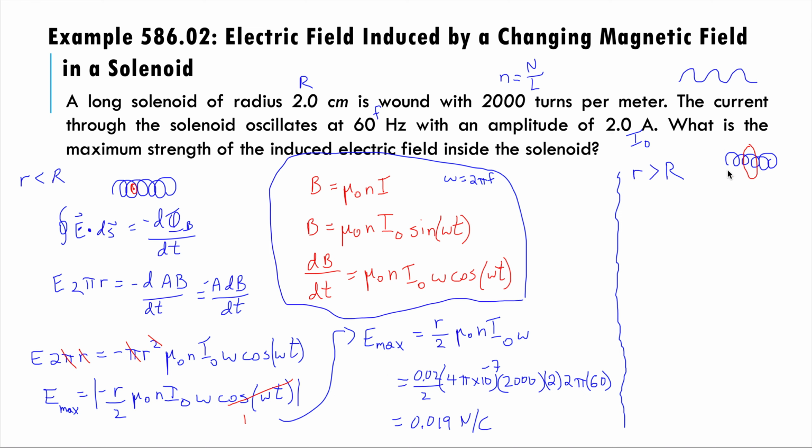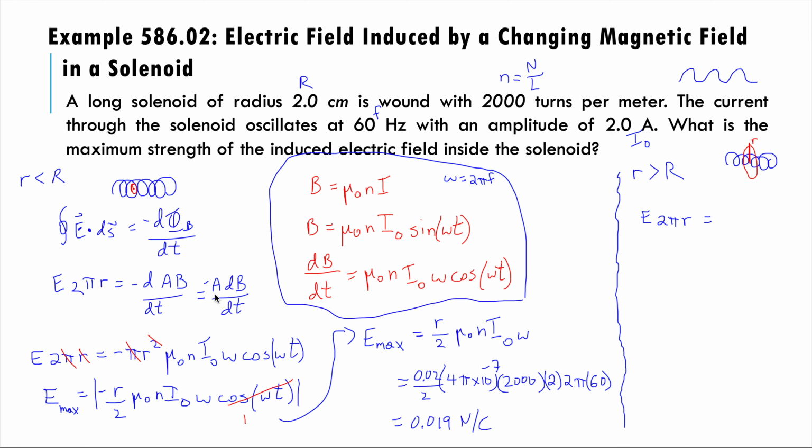So all I want to tell you about is the process. This red loop that you're going to integrate over on the left-hand side here still has a radius r, just like this one. So the left-hand side of Faraday's law is going to be exactly the same, E times 2 pi r. And then the only difference is the right-hand side.